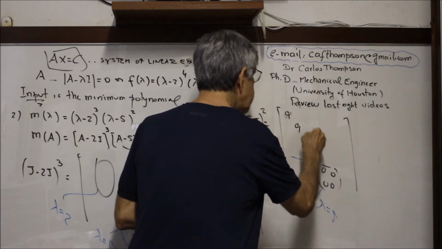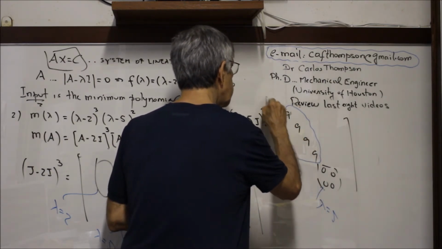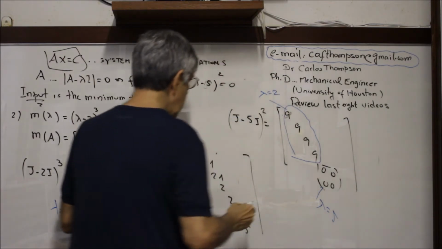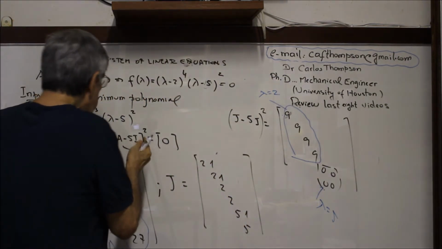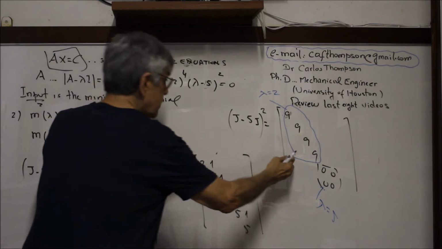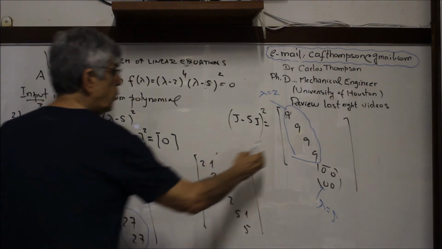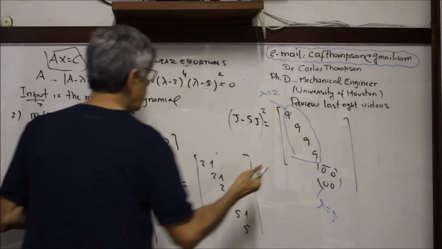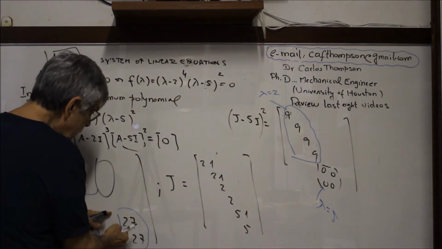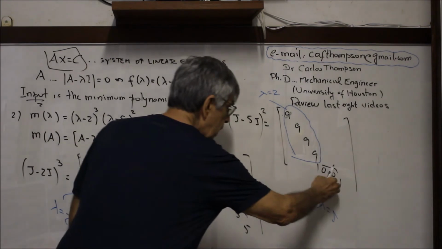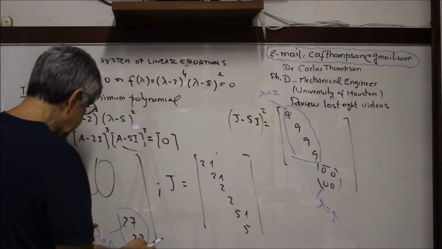And these numbers here, different from 0, correspond to lambda equal to 2. So if I multiply this times this, this 0 here multiplied by the 999 will be 0. And 27 multiplied by this block here will be 0.